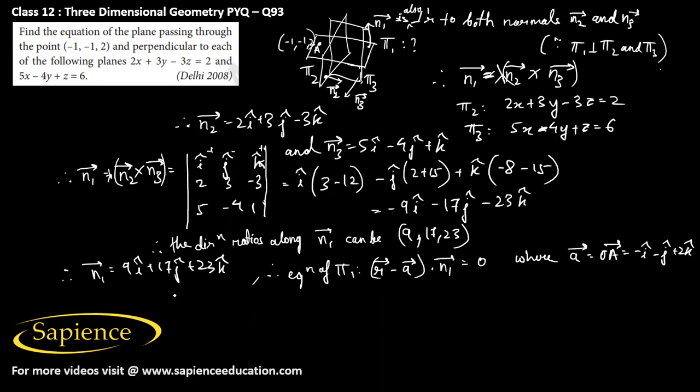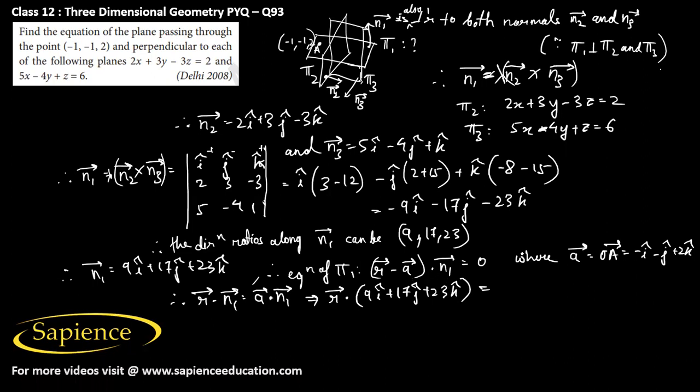So therefore we can say r vector dot n1 is equal to a dot n1. So r vector dot n1 will be r vector dot (9i cap plus 17j cap plus 23k cap), and that will be equal to a dot n1.